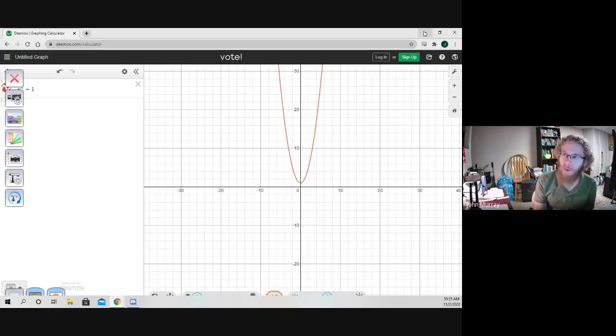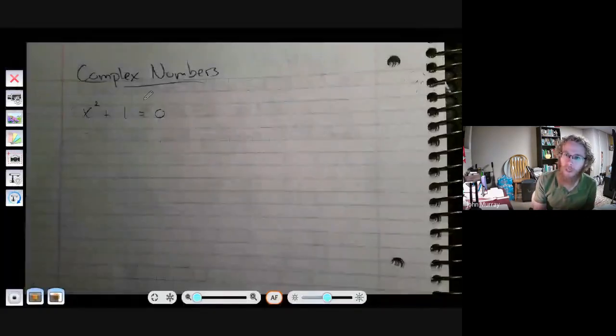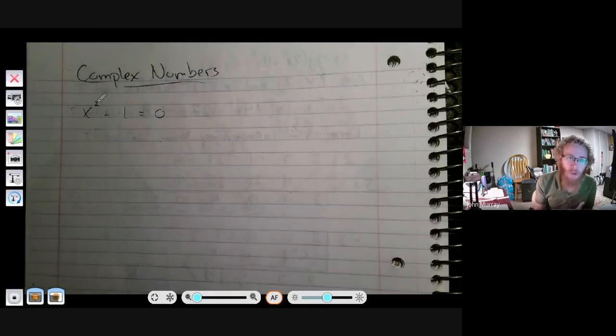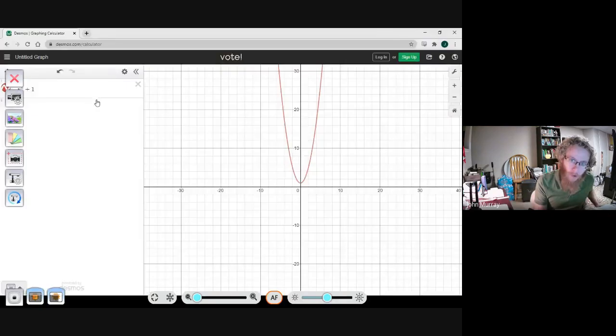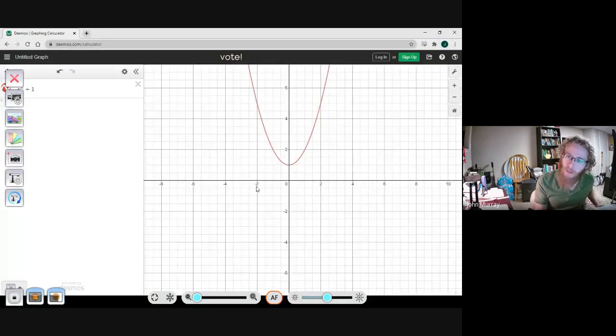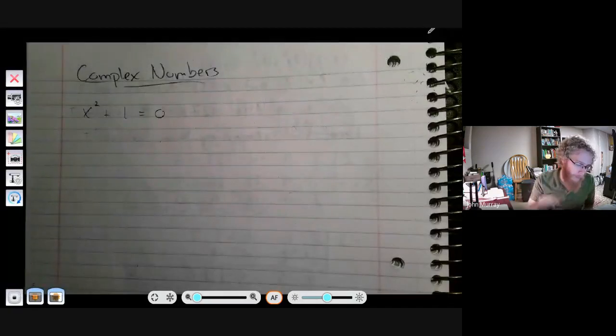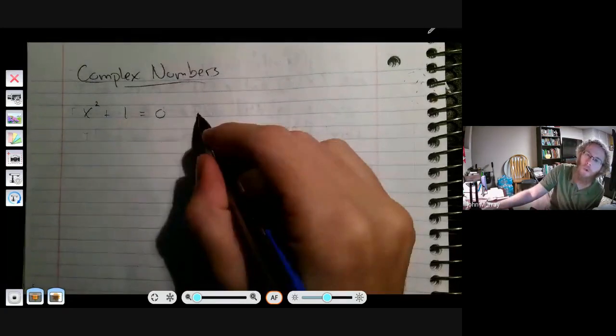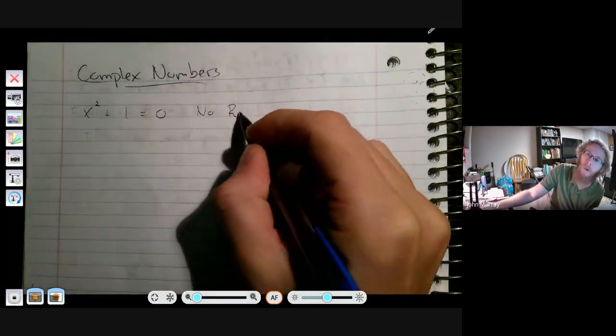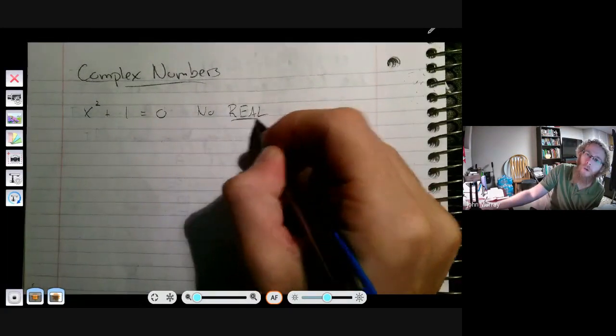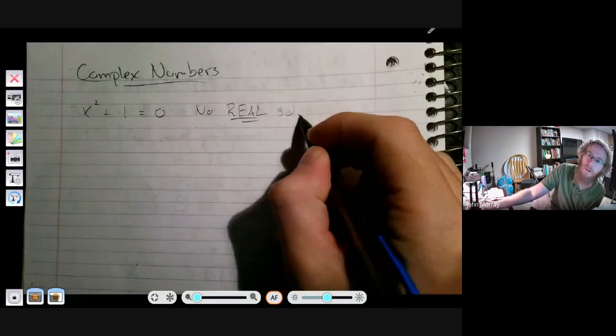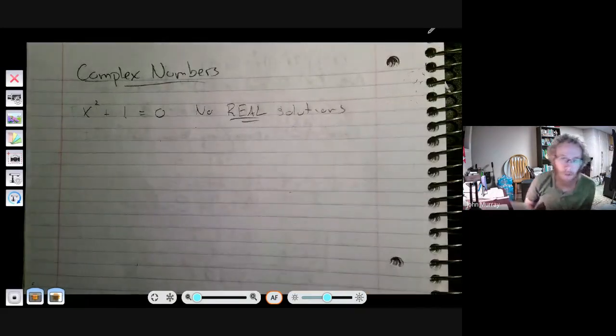We know that from the rule that we talked about last week, this is an x squared, so there should be two solutions. But again, according to our graph, what we see, there are no solutions. So we have to add a little asterisk, and we're going to say that there are no real solutions.